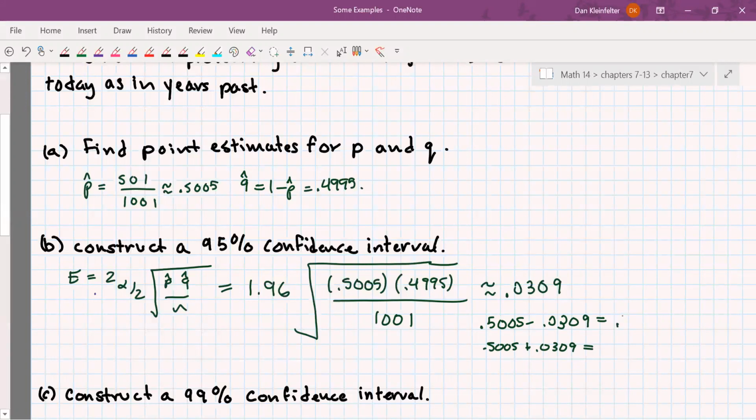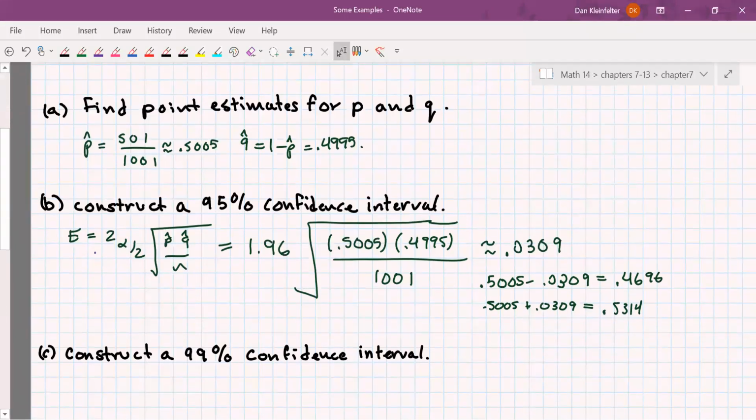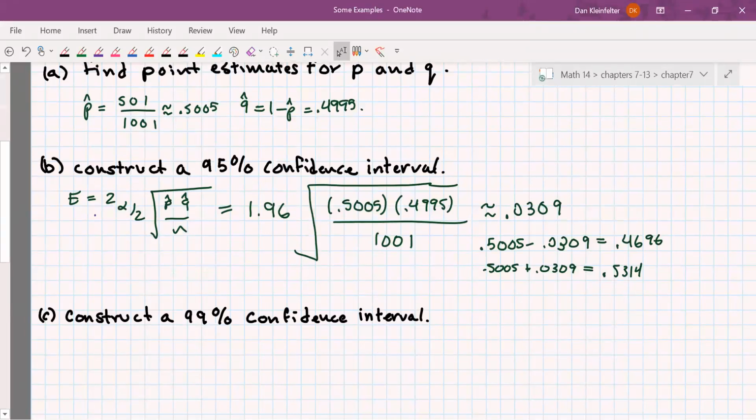That's 0.4696 for the lower end, and then 0.5314 for the upper end. So our interval ends up being 0.4696 up to 0.5314.